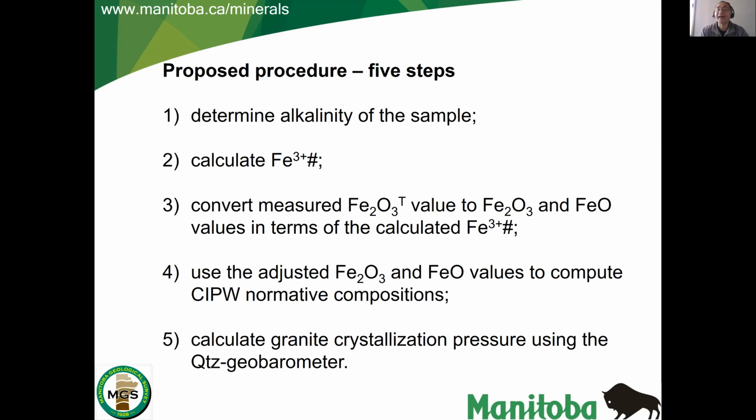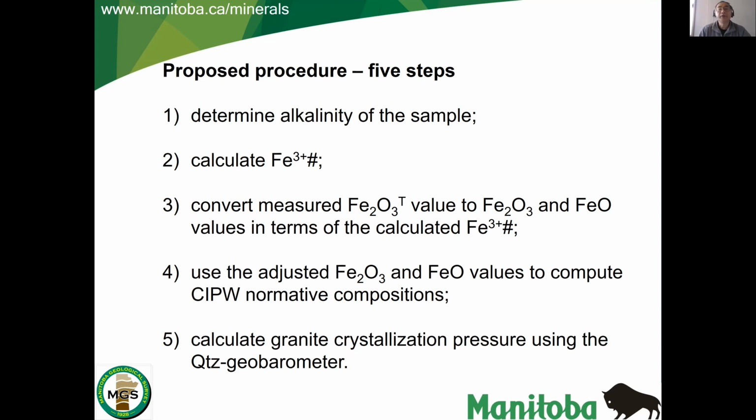But how can you get the ferric and ferrous iron oxide ratios? So you need some estimation. This was actually published this year in Lithos, with co-authors Dave and Guoxiang.